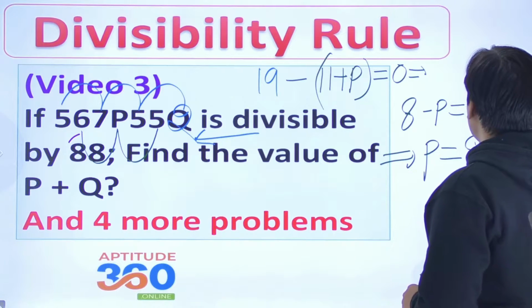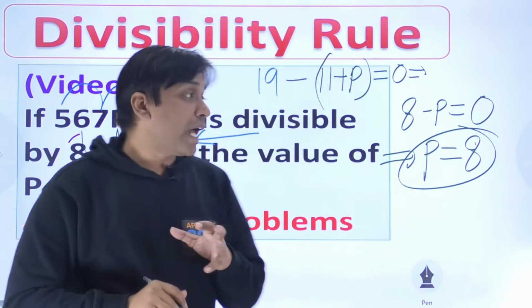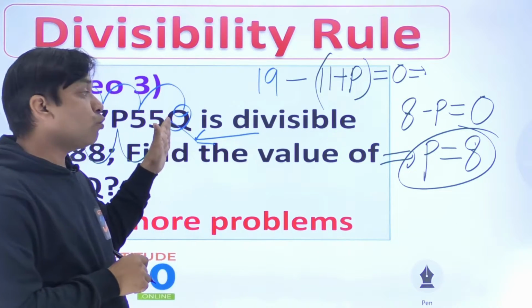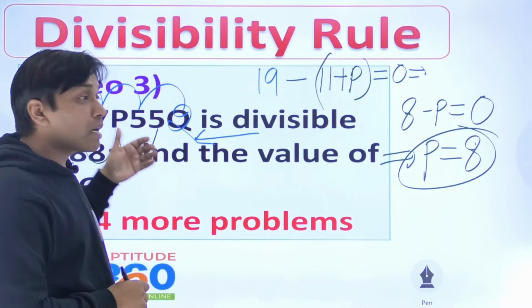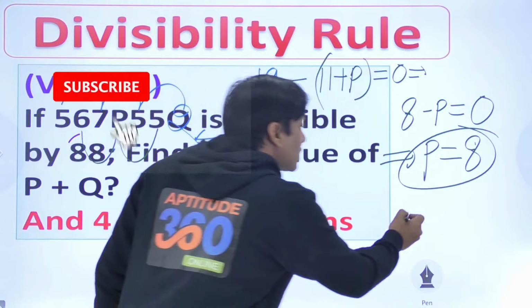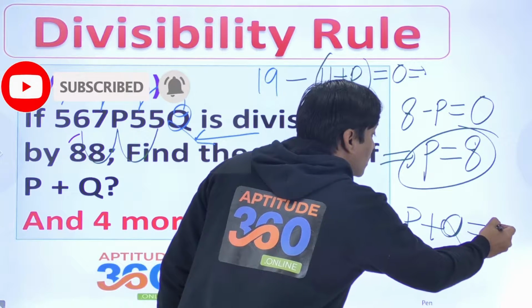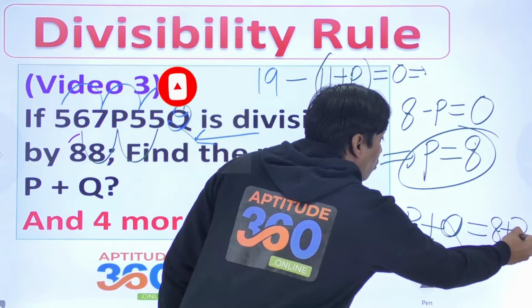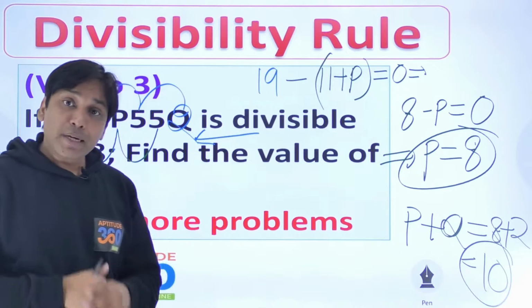So now you know the value of q, which is 2, and you also know the value of p, which is 8. And what is this problem asking? It is asking you to find p plus q, which is 8 plus 2, and the answer over here is nothing but 10.